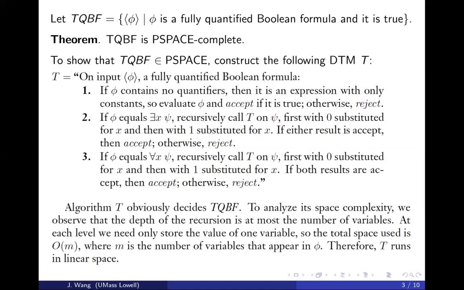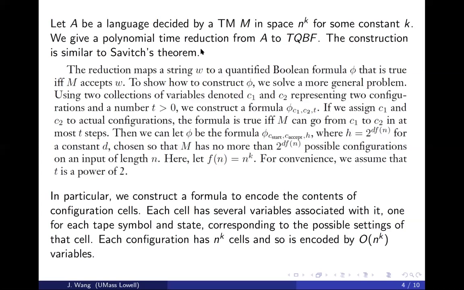Okay, so next we're going to reduce any language in PSPACE to TQBF. For this purpose, let A be a language decided by a deterministic Turing machine M in space n to the k for some constant k, because it's polynomial.